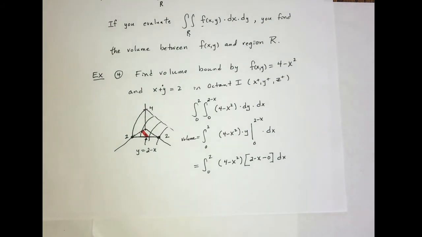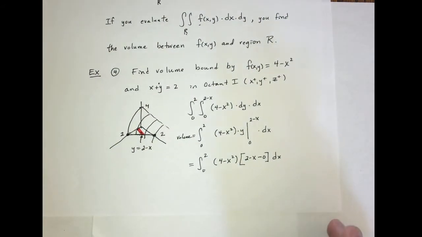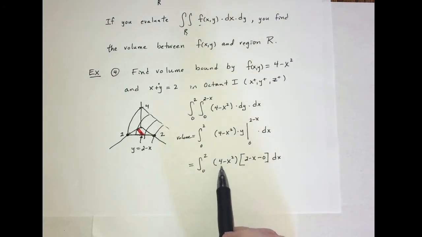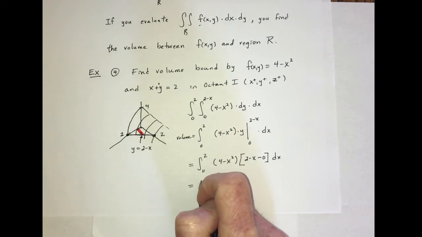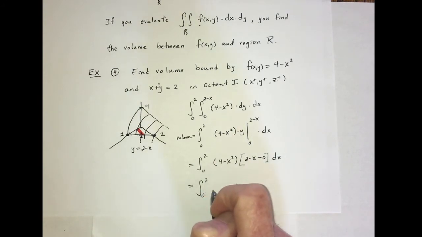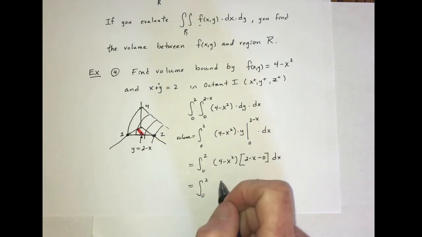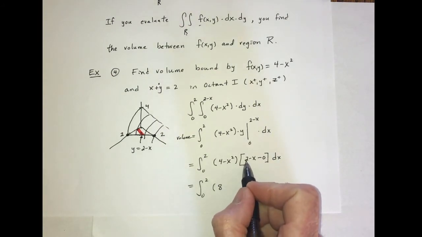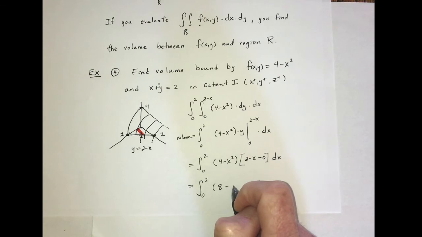And then we should probably do some algebra before we do the last integration. So this is really just 2 minus x times this. So I'm going to go ahead and multiply that out. So there would be 2 times 4 is 8. There would be 2 times negative x squared.